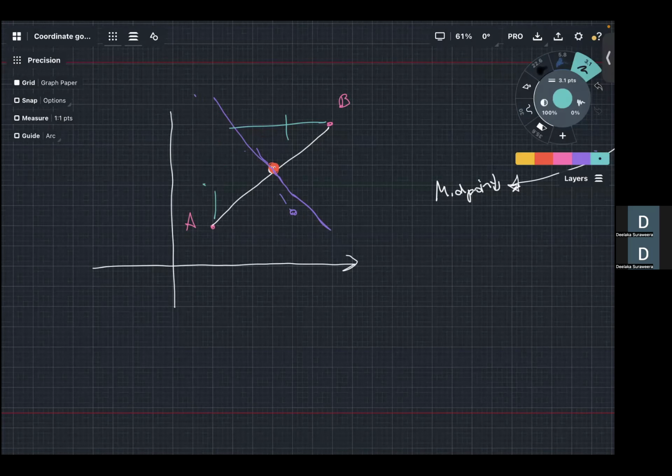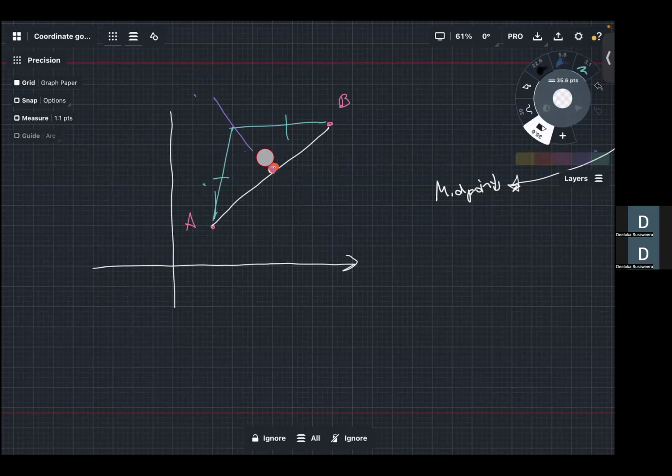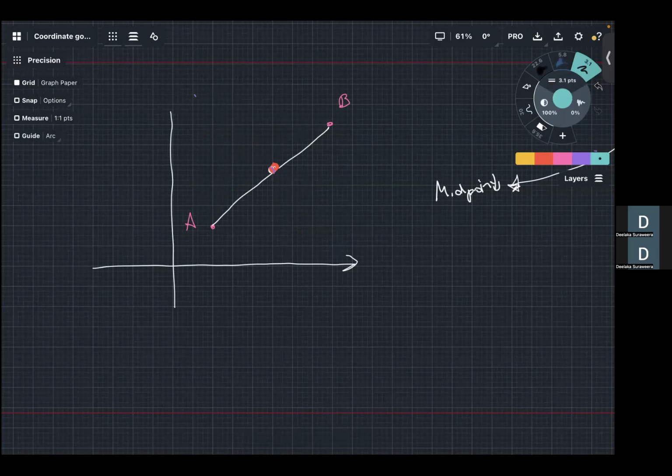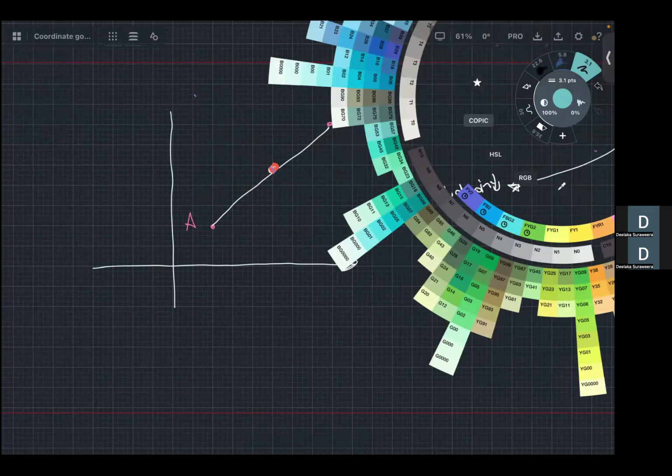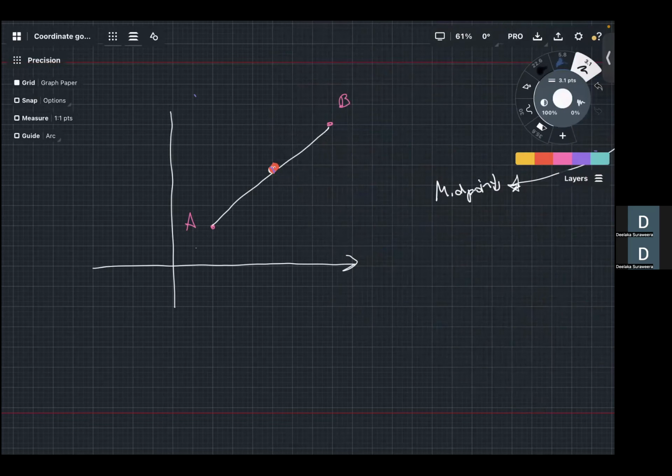As you can see, they're equal distance, but not a midpoint. Midpoint is both equal distance and also on the line connecting the 2 points. That's the visual definition, but that does not help us calculate the midpoint. So let's go to that next.